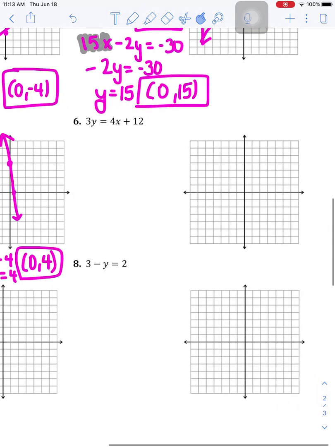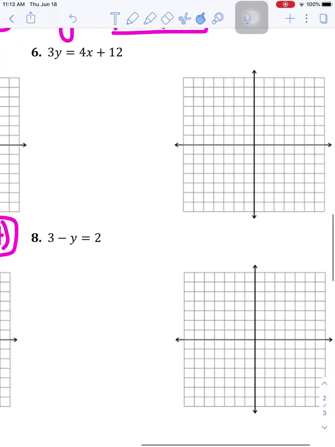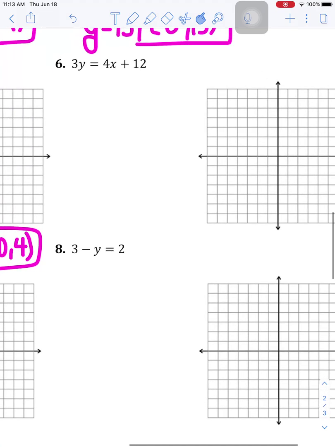All right. Take a moment. Please try number 6. Number 6 is not in standard form, but there's really nothing too fancy about it. There's no fractions or no decimals.